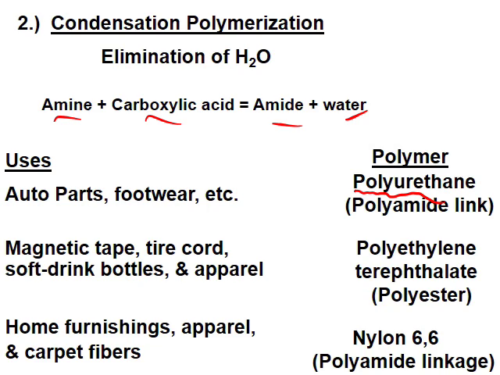Auto parts, footwear, magnetic tape, soft drink bottles, home furnishings: in all these cases, polymers, especially the condensation polymers, are used. The names of these condensation polymers are on the right-hand side, like nylon 6,6.